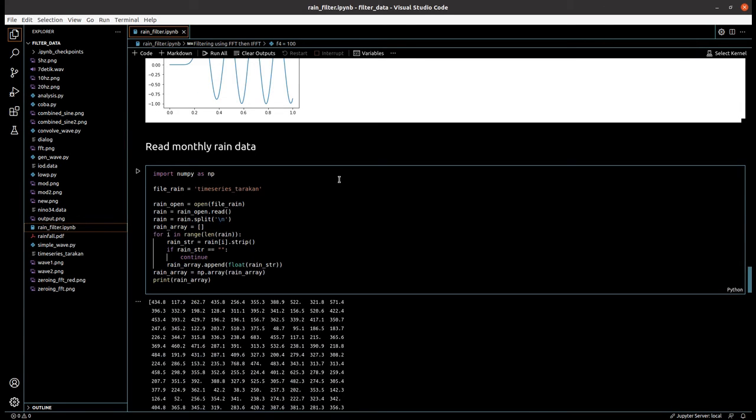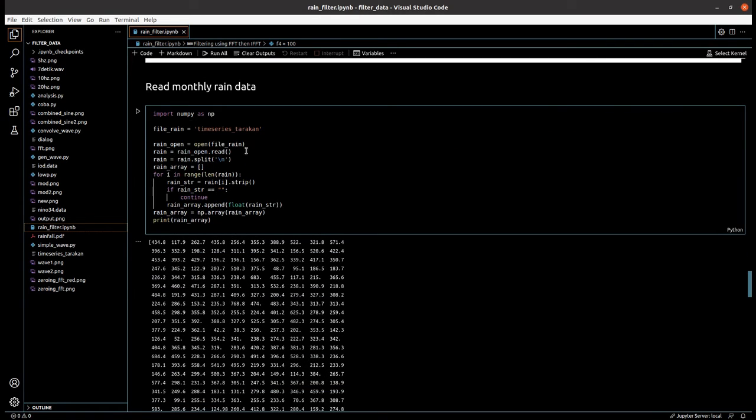And now we move to why we need this wave filtering. For example, in this case it is to analyze monthly rain data.